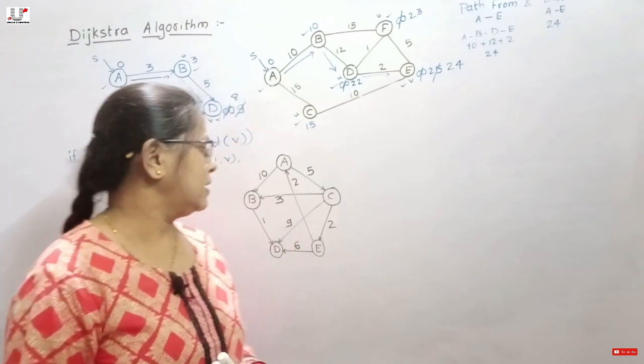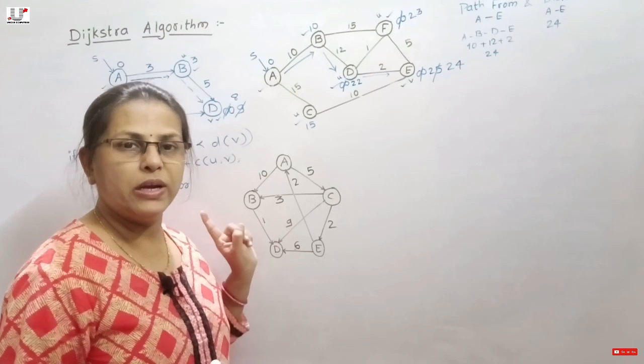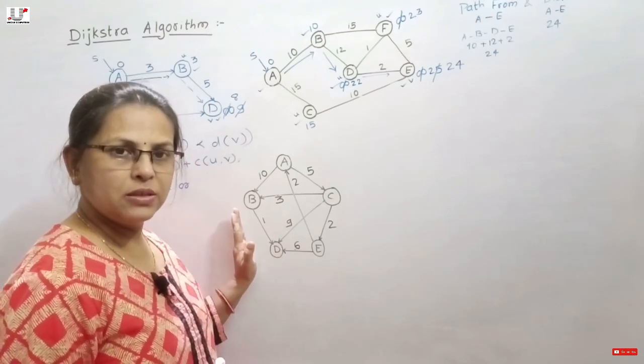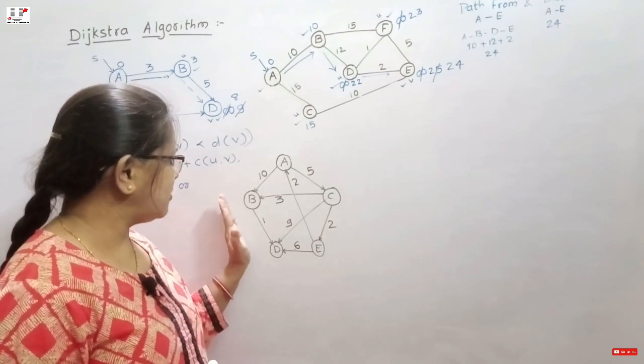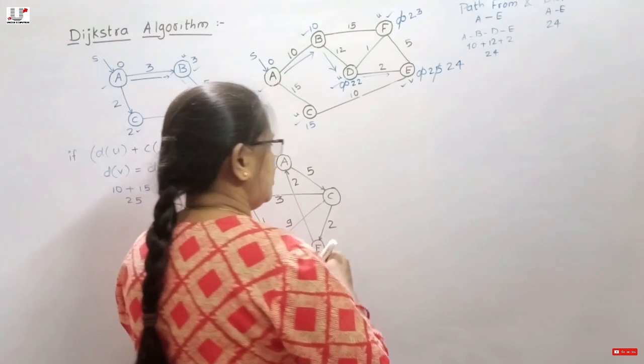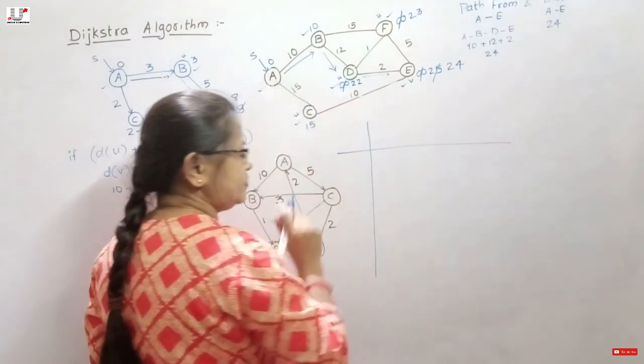Now let us apply the same Dijkstra algorithm in this directed weighted graph. But instead of replacing the weight, or instead of specifying the distances in graph, we plot the table here.